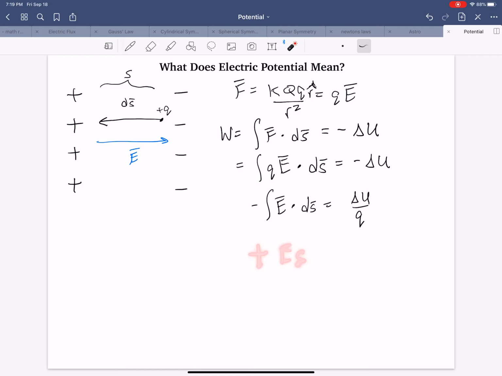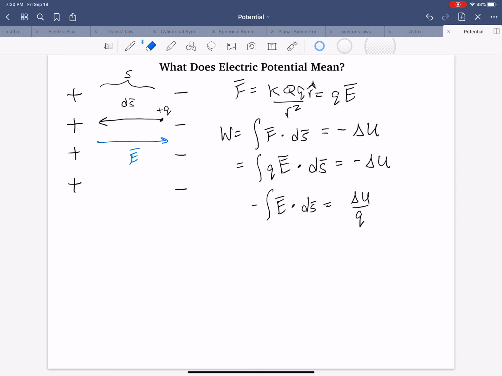So when you go from the right side to the left, the delta U is positive, which means that you're increasing potential energy. That's the exact analog to when you raise the ball upwards in the air. It's going against gravity, and you're raising its gravitational potential energy. In this case, you're increasing its electric potential energy.